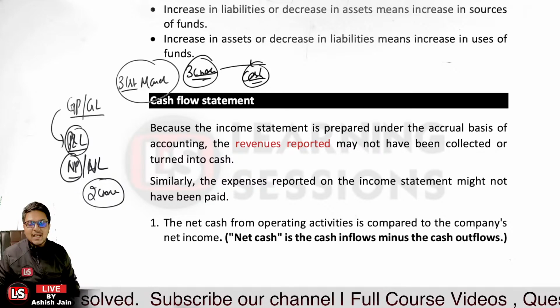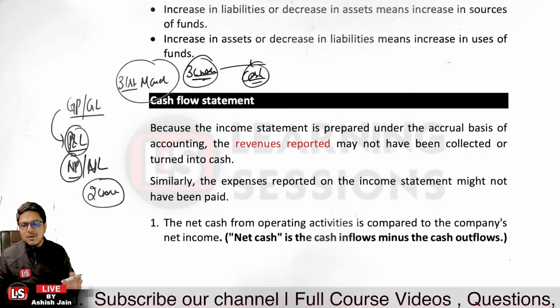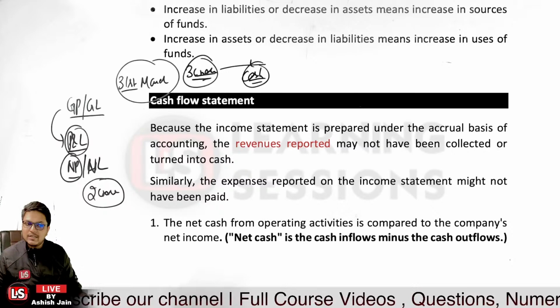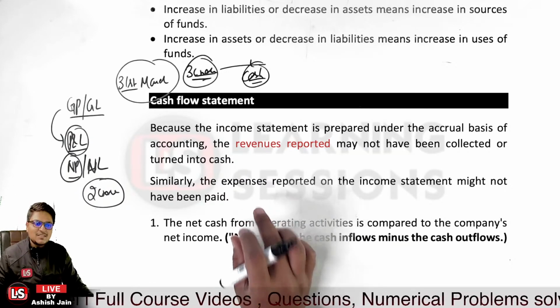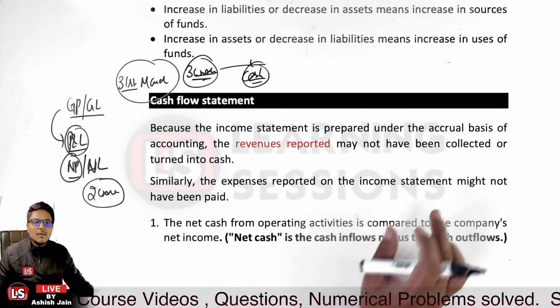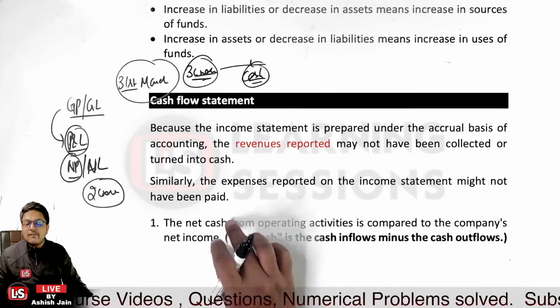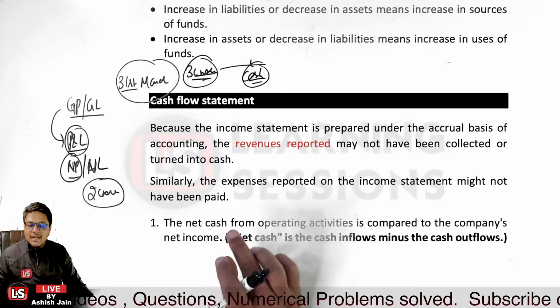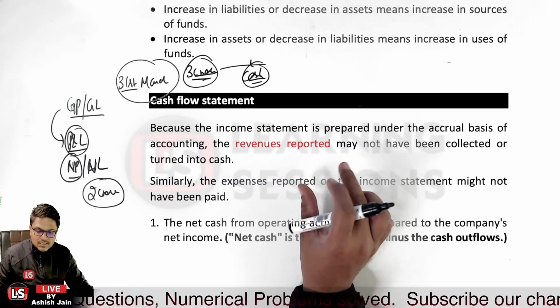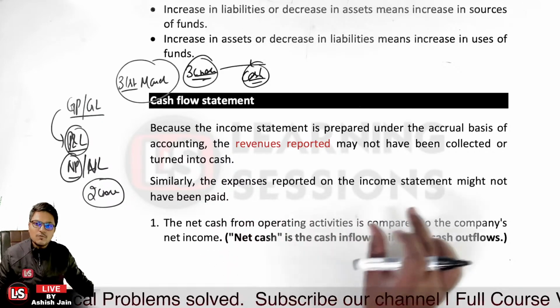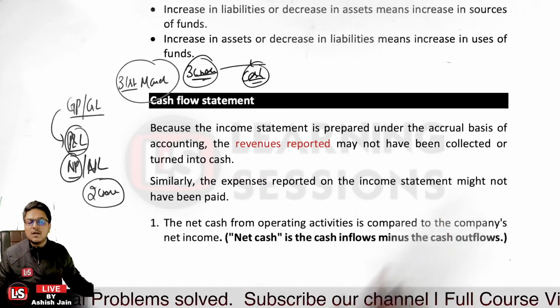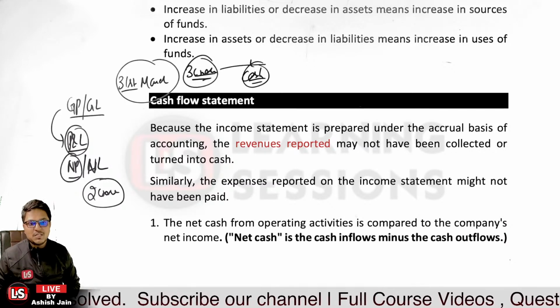Similarly, the expenses related to the income part, the expenses reported in the income statement might not have been paid. It may be the case that you have mentioned the expenses in the accounting statements, but you have not paid the amount so far. That is also why the cash flow statement must be there.